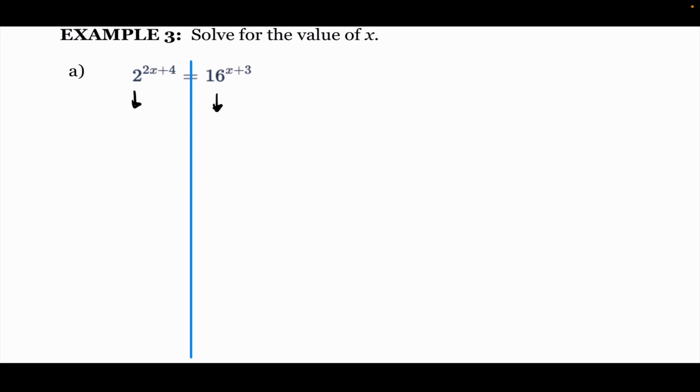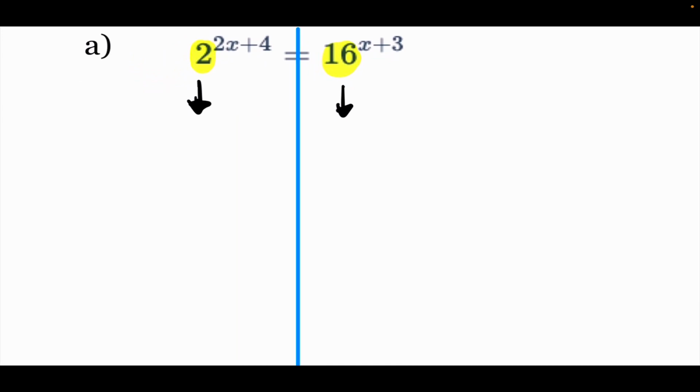I have to create the same base. So right now, I have a base of positive 2 and positive 16. I want to change those so that they are the same base. The only way to make 2 using powers is 2 to the first power, right?